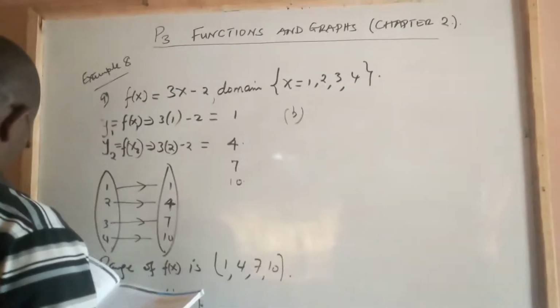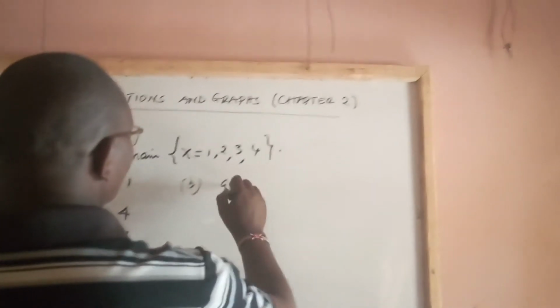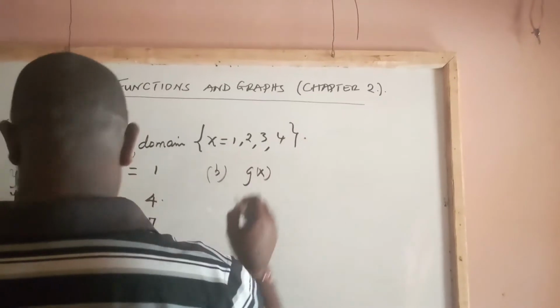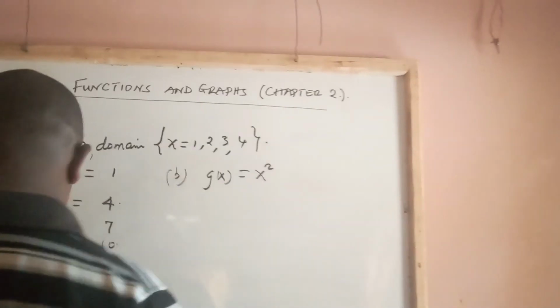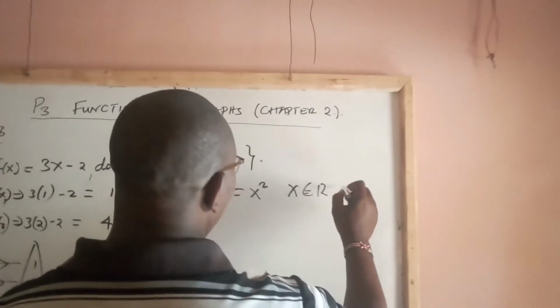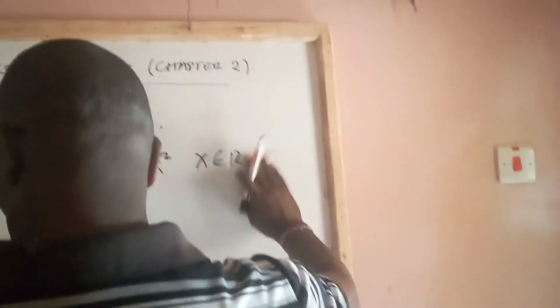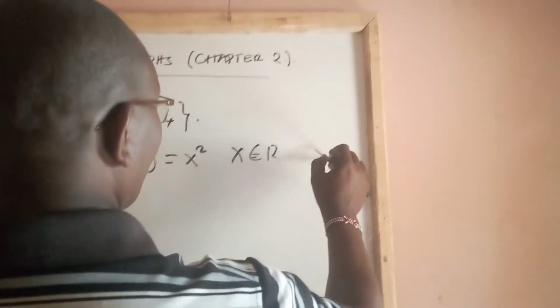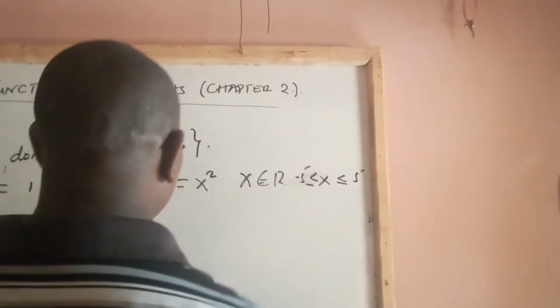Part B talks of g(x), the function of x, which is x squared, and the domain, x is a real number, and x is greater than or equal to minus 5, less than or equal to positive 5.